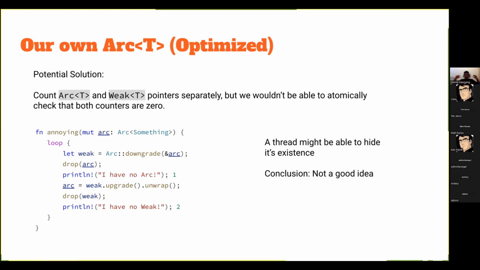Meaning if we treat these 2 counters separately, then some thread running this annoying function can fool us. We can still drop the data even though there can be some thread which has valid Arc references. So that's undefined behavior.